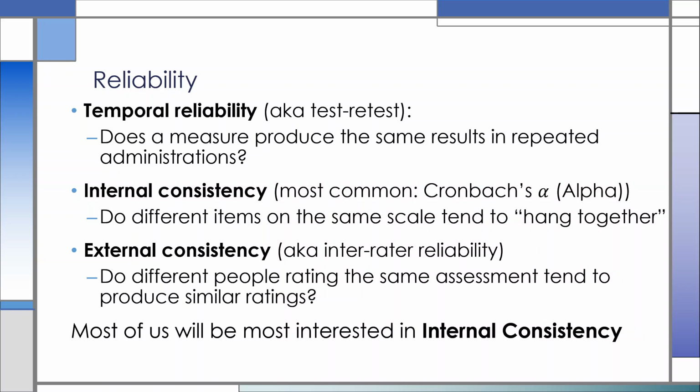Finally, there's external consistency, and one example of this is inter-rater reliability. And this is more common in situations where an assessment is being done a little bit more qualitatively, where maybe you're in an interview setting or you're doing a clinical evaluation, and you have different raters rating the behavior of a subject, and you want the different raters to have more or less the same ratings for a particular assessment.